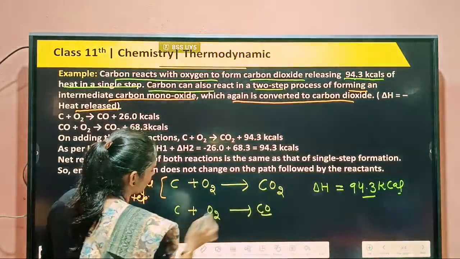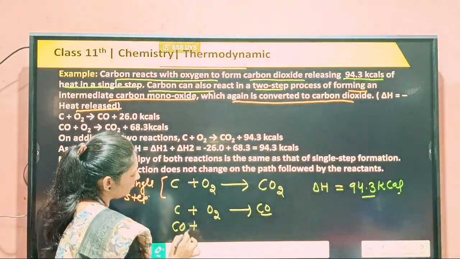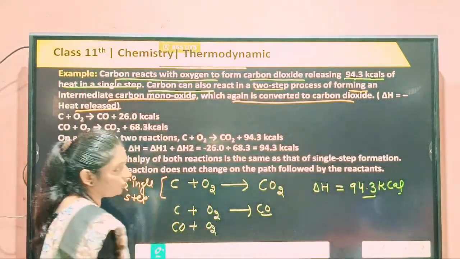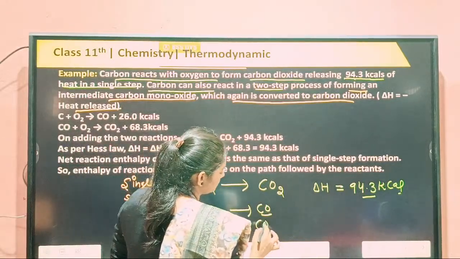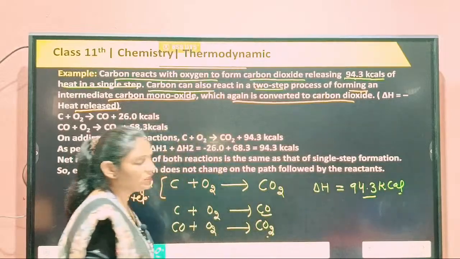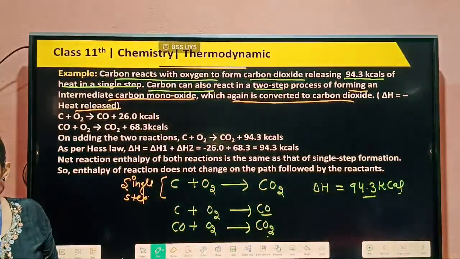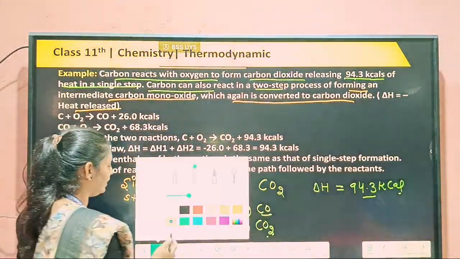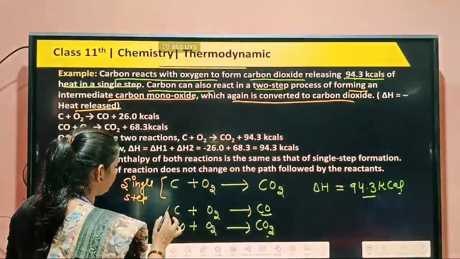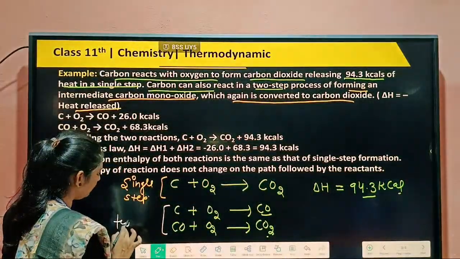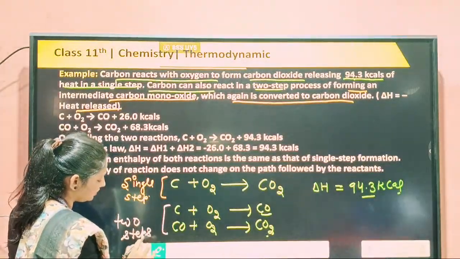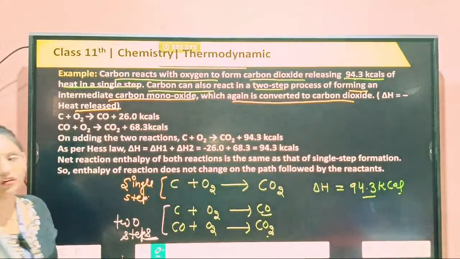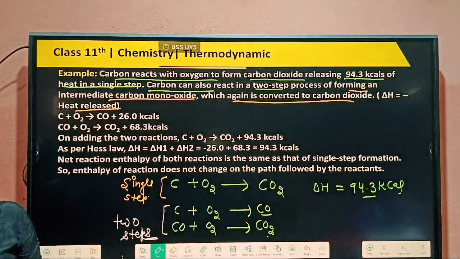Then this CO, carbon monoxide, further reacts with oxygen and gives us CO2. It means a reaction can take place in more than one step. Here the same reaction follows two steps. Clear or not?